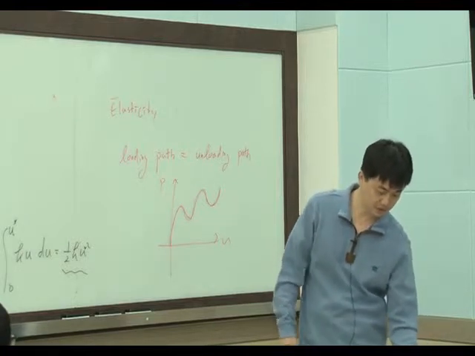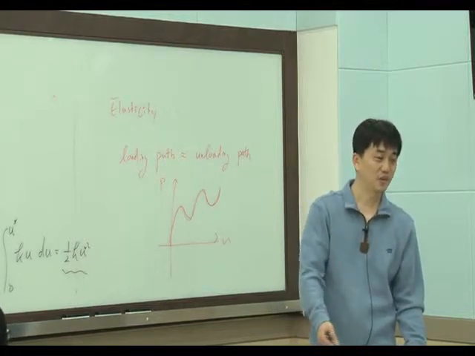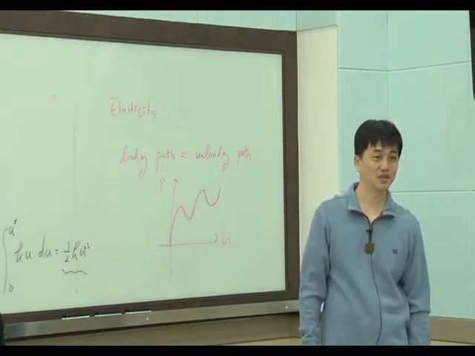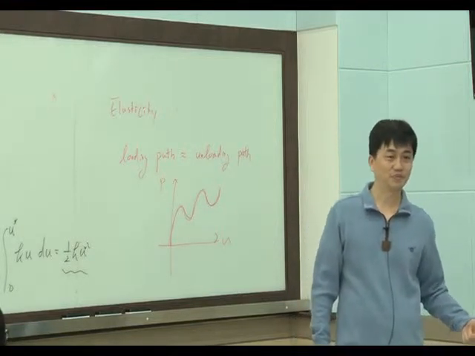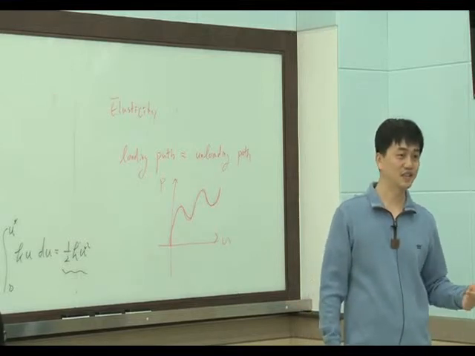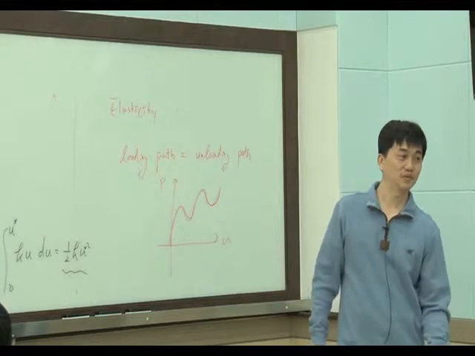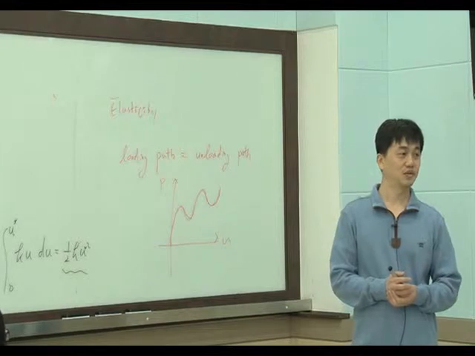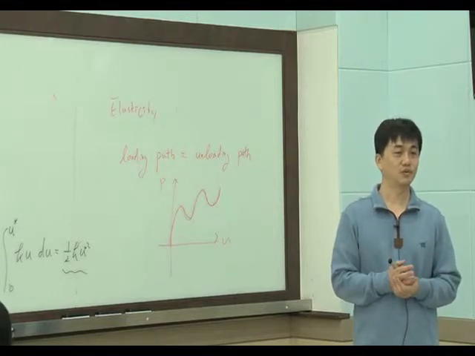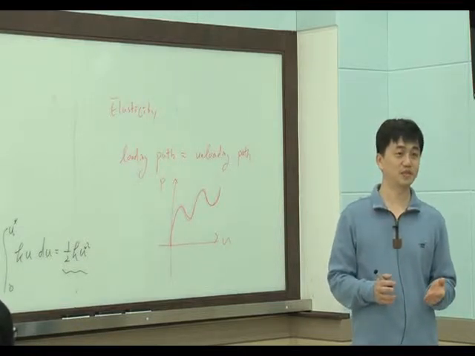There is some displacement, but it never goes back to the initial position, even if I give some external force and external work, right? Where does that external work go? Clearly, this is not a reversible process.